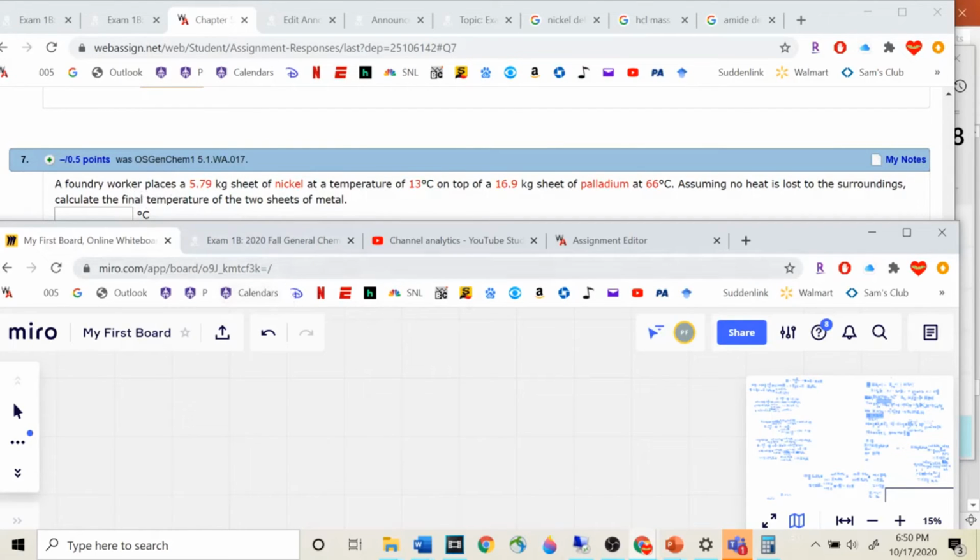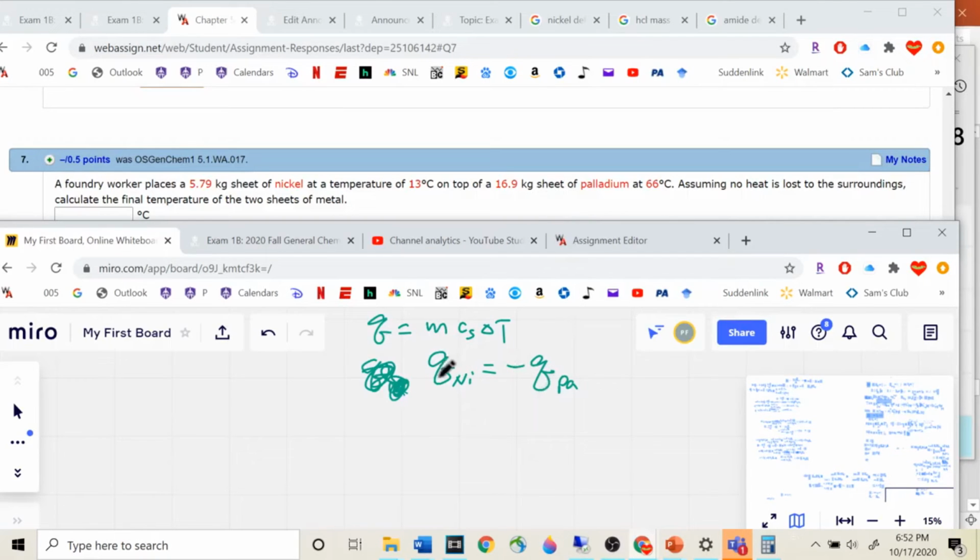The key equation for solving this problem is Q equals mCs delta T. Delta T is the temperature change, Cs is the specific heat capacity, and m is the mass. So the heat received by the colder nickel sheet comes from the heat from the hotter palladium sheet.